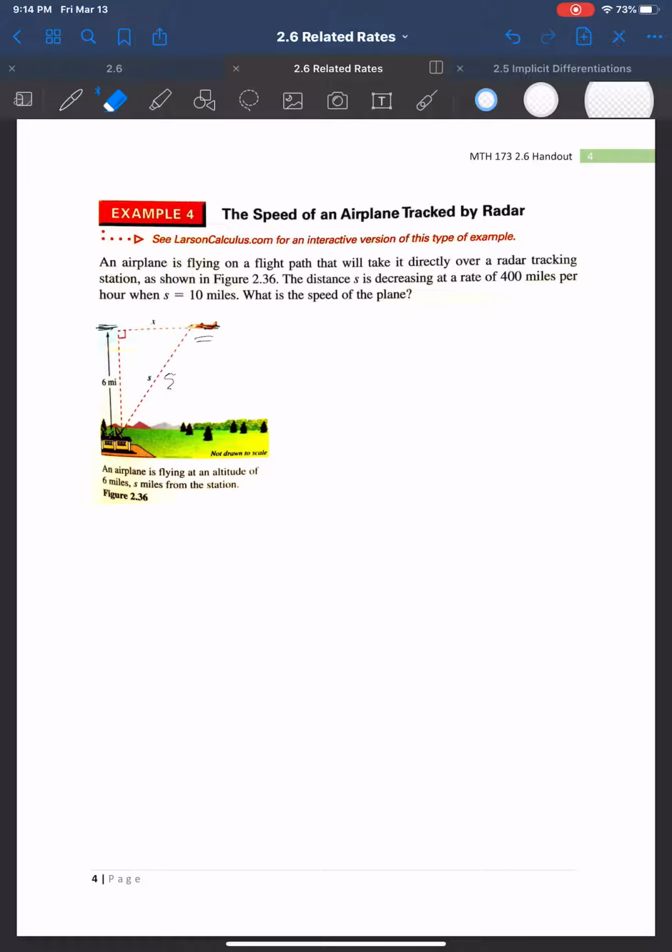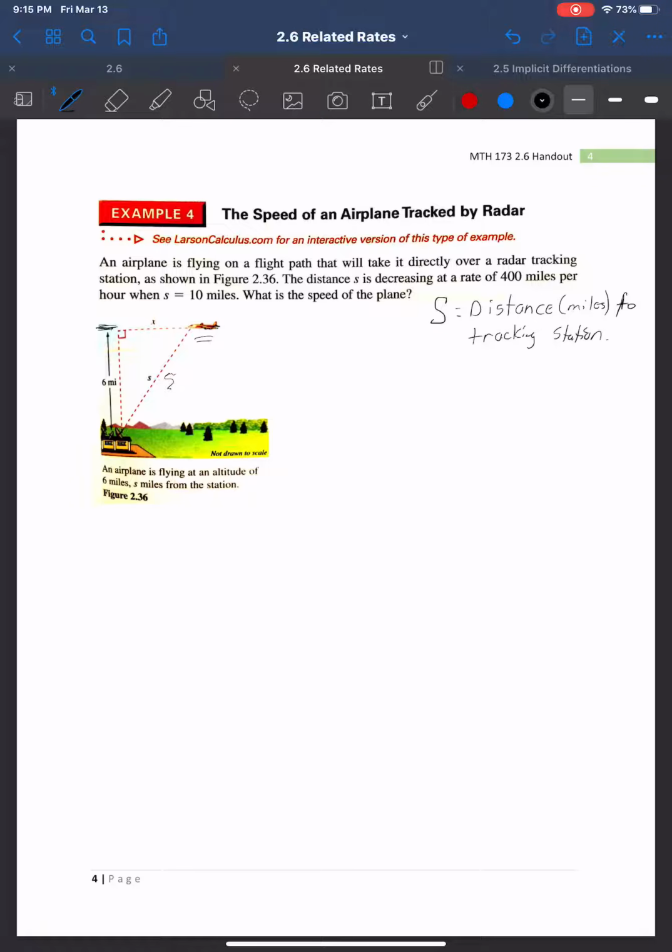So S is the distance, in miles, from the plane to the tracking station. All right, so S is the distance from the plane to the tracking station, measured in miles.